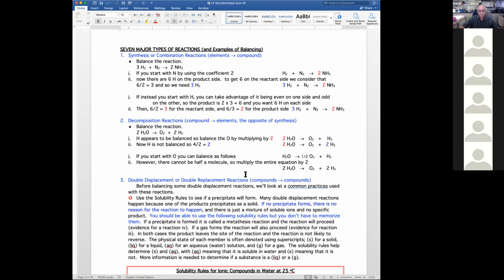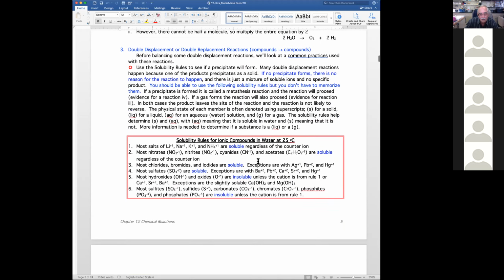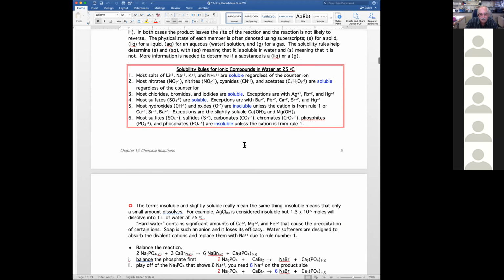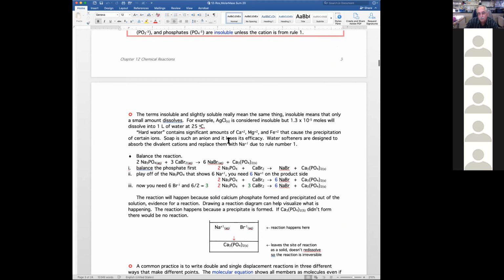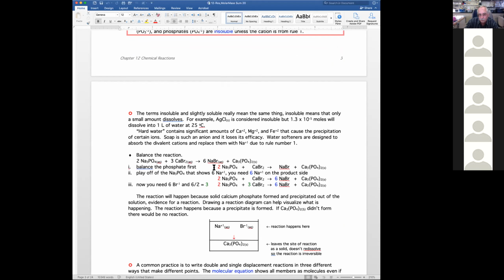Occasionally there's issues students have with identifying what kind of reaction it is, but not very often. In the solubility rules, you do not need to memorize, but know what it means. So if you see a reaction like this, how do I know if this reaction is going to happen?